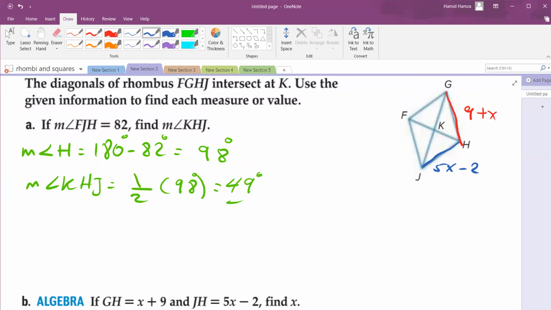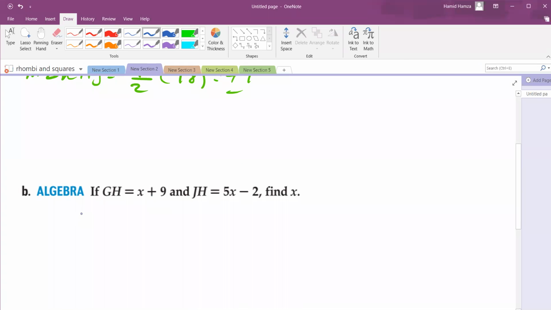Equal. Very good. Sides of the rhombus are equal. All four sides in a rhombus are equal. That means GH equals JH. That means x plus 9 equals 5x minus 2.